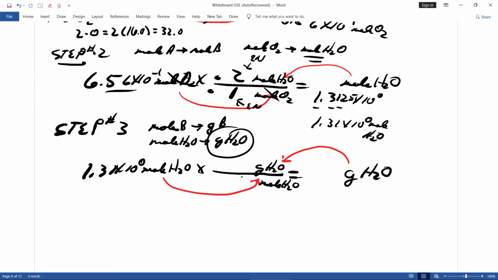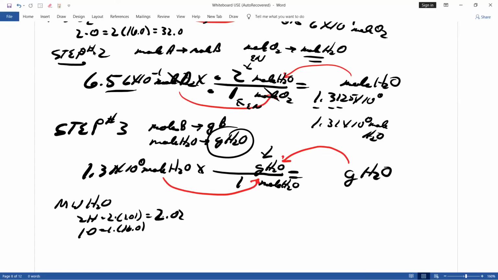And remember, 1 mole of a compound equals the molecular weight in grams of that compound. The molecular weight of water, 2 hydrogen, 1 oxygen, added up, rounded off, is 18.0 grams.